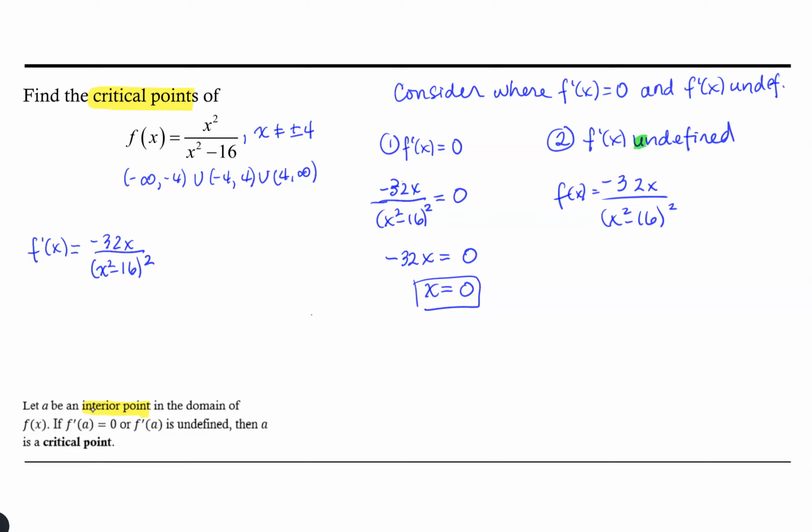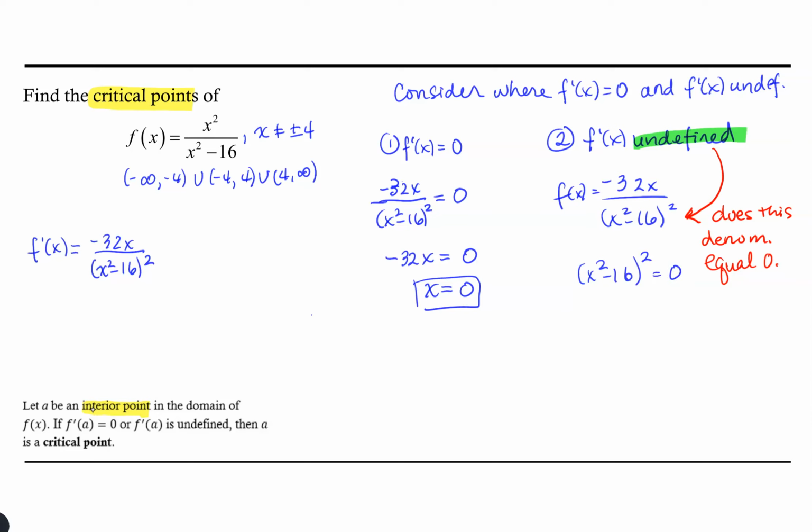So this undefined tells me, in the case of a rational function, does this denominator equal 0? That's what we have to think about. Well, our denominator is x squared minus 16 quantity squared.